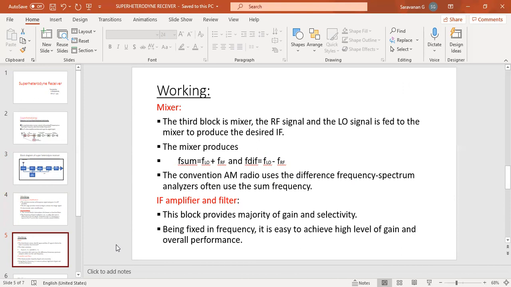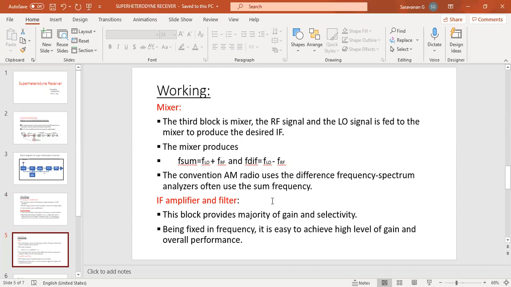The mixer mixes these two signals and generates different frequencies such as Fs, Fo, Fo plus Fs, and Fo minus Fs. Out of these four produced by the mixer, the difference component, that is Fo minus Fs, is selected and the other signals are rejected, and this difference component is known as the IF, which is the intermediate frequency.